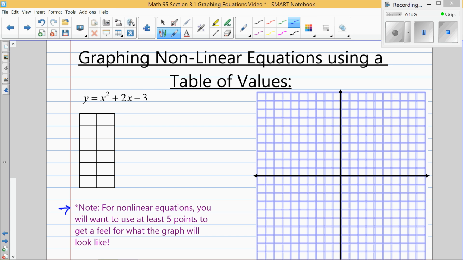I still like my 0, my 1, and my -1. I need more values, so I'm going to try a 2 and a -2. And I sketched this so that I would have room to add more values if I need to, depending on what the graph is going to look like.